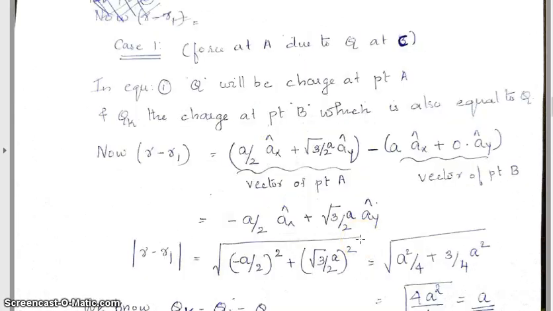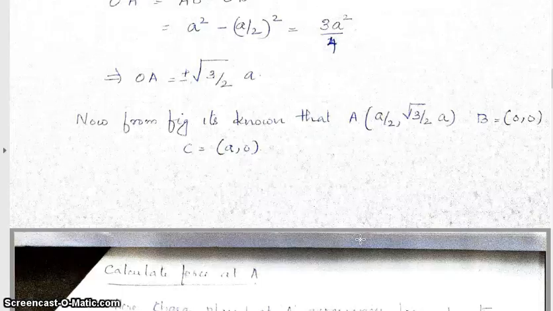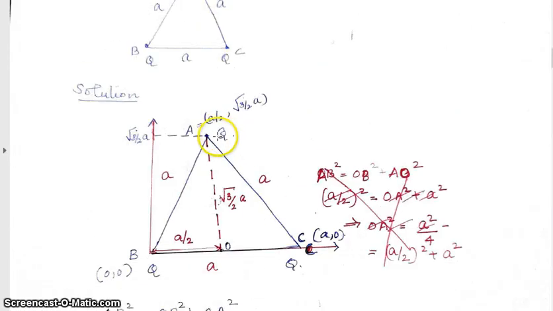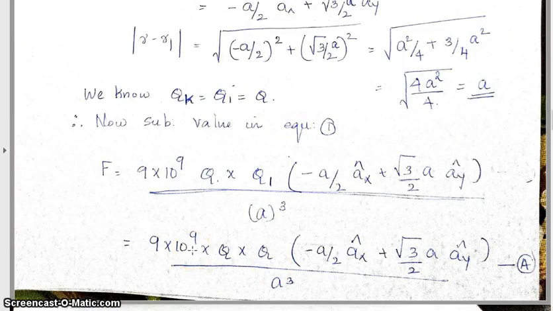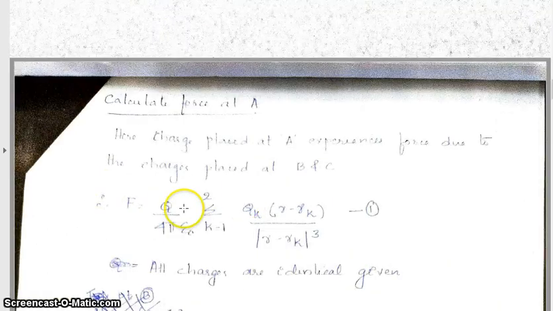Then what we want to know is the magnitude of charge at A and C. That is easy because in the question it is said that all the charges are identical. So the value of Q at both A and C is Q itself. Okay. So I'm writing now. I'm slightly rearranging the main equation like this. F is equal to Q by 4 pi epsilon 0 into Q1 into R minus R1 by R minus R1 the whole cube.